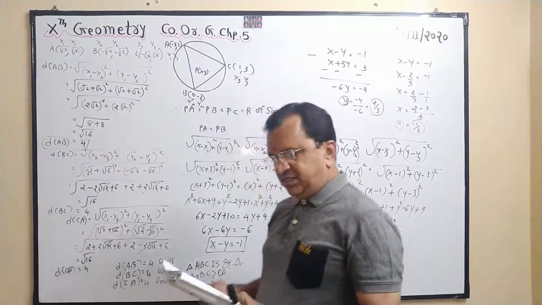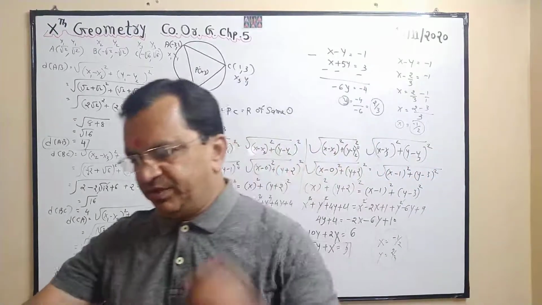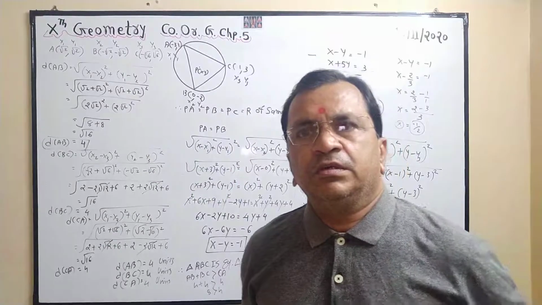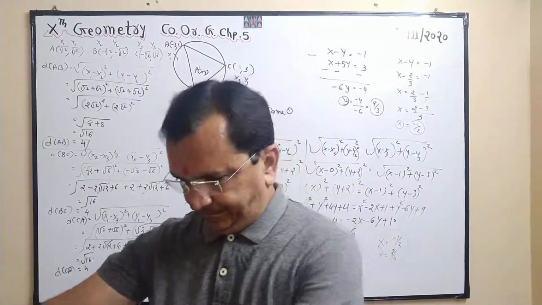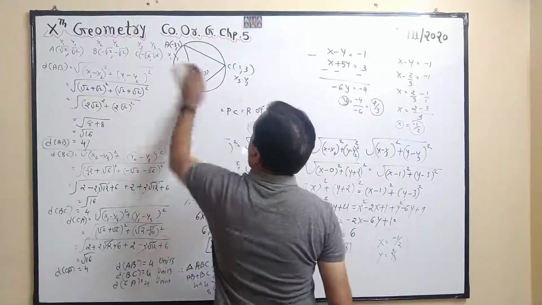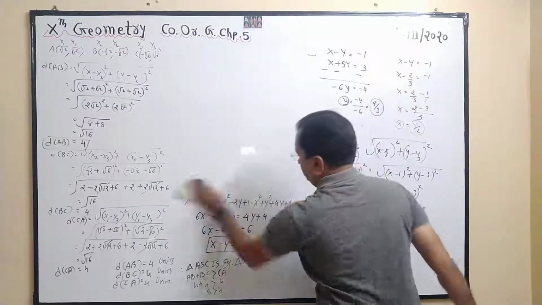Now, these are the vertices of a parallelogram. Very, very, very important sum number 11. Very important and very good method.